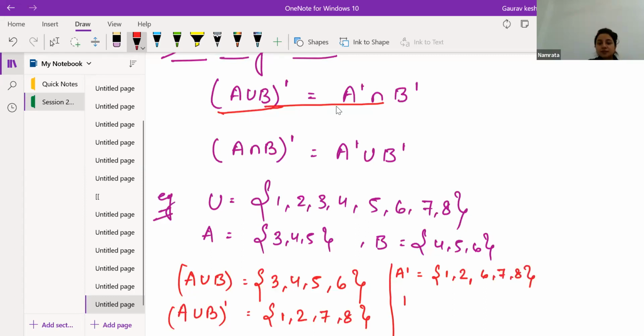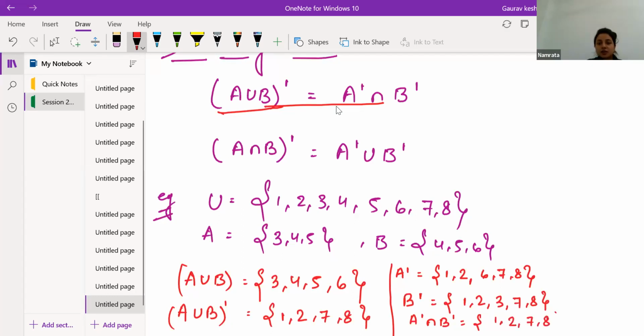What is B complement? 1, 2, 3, 7, 8. And what is the intersection between A complement and B complement? 1, 2, 7, 8.